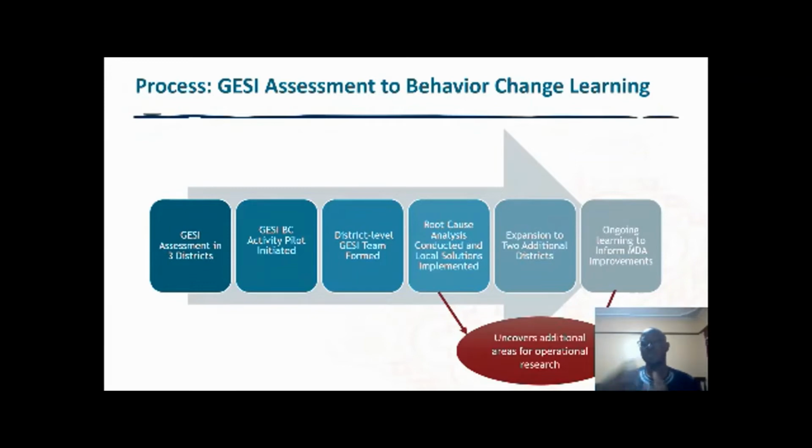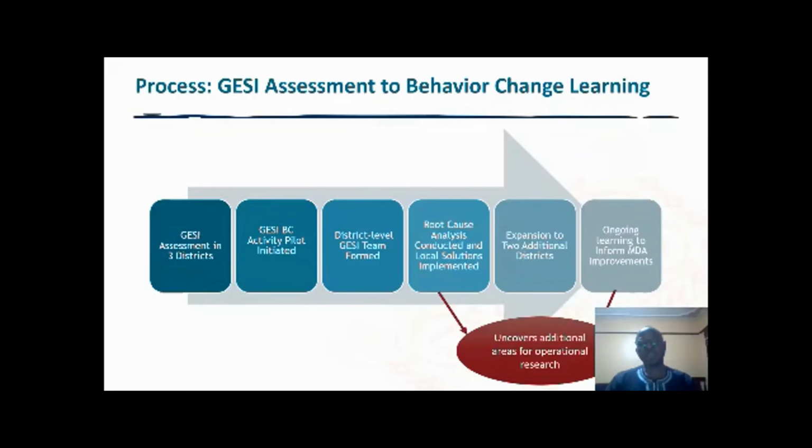The activity was implemented in 2 health facility catchment areas, and it covered a total of 4 villages. This behavior change activity used WIHA's IDEA methodology and tools to address GESI-related MDA barriers.